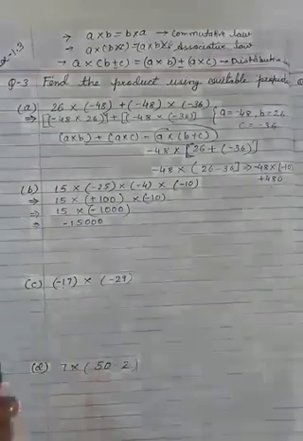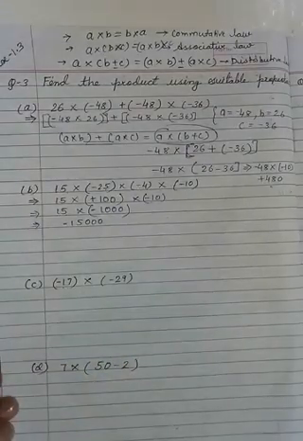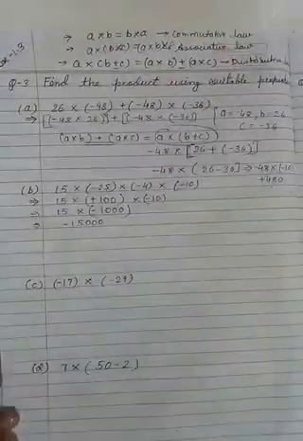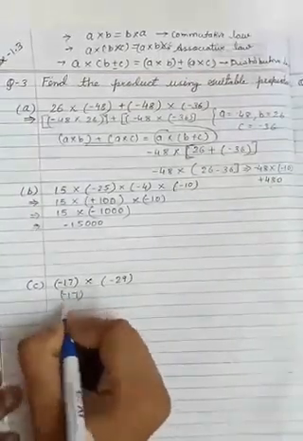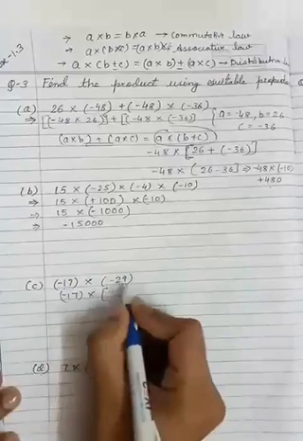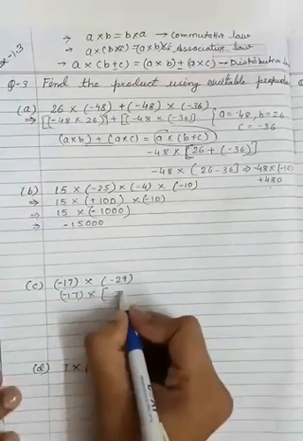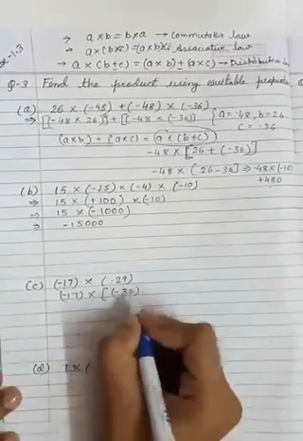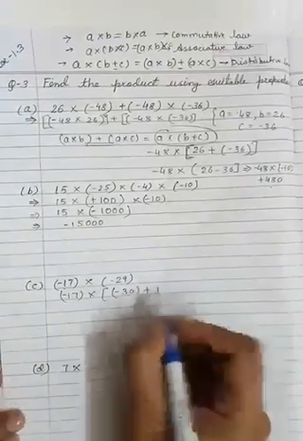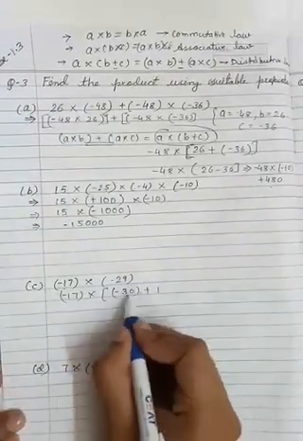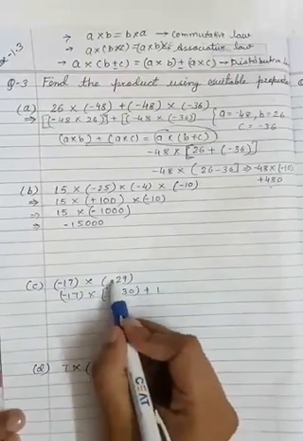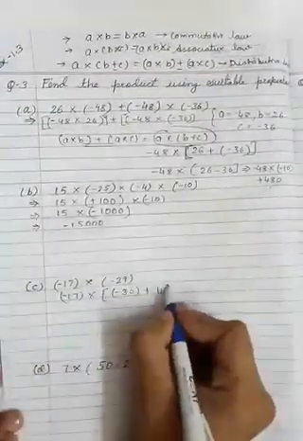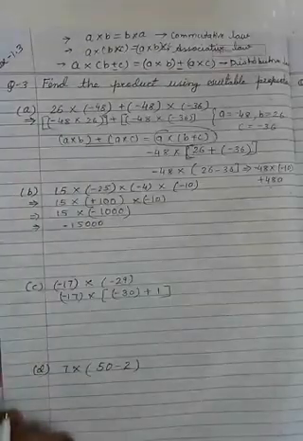So the given equation is not in any form, so we can write it as minus 17 as it is into minus 29, we can write as minus 30 plus 1. That is minus plus is minus and 30 minus 1 is 29. Bigger number is having minus sign, so minus sign we are putting here also.